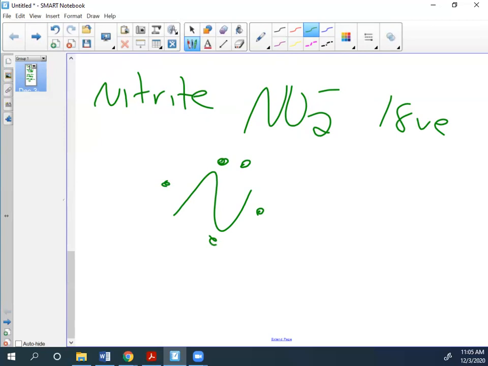Where am I going to put my O's? Anywhere except the top. O, that's 6. 1, 2, 3, 4, 5, 6. O, 1, 2, 3, 4, 5, 6. Clearly a bond there, clearly a bond there, correct? I can double bond one of them on the bottom, can't I? Does it matter which one you double bond to? No, I can either go here or here.